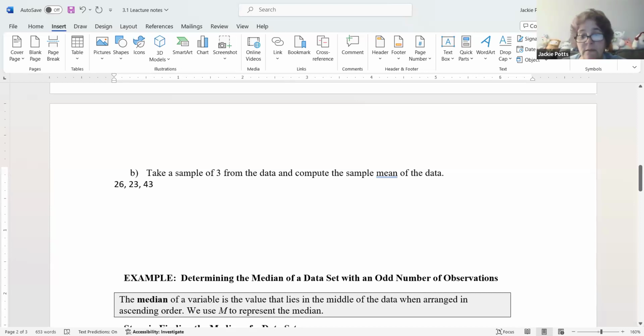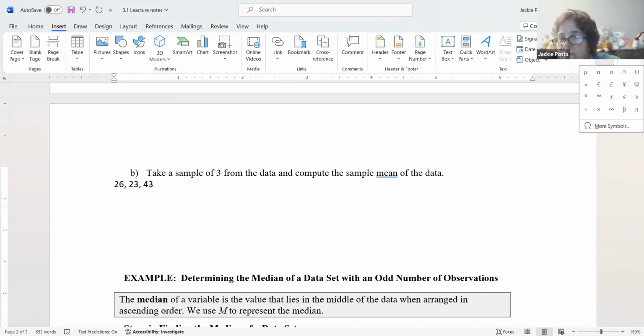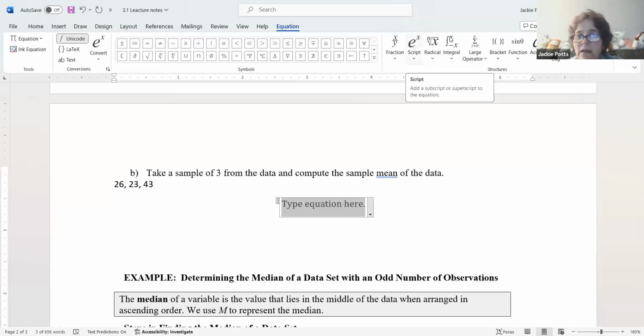Now, we can very easily do it by hand because it is a small sample set. And I can go 26 plus 23 plus 43, divided by 3. And I see an X bar. I have to actually open up the equation editor, and I hate doing that.